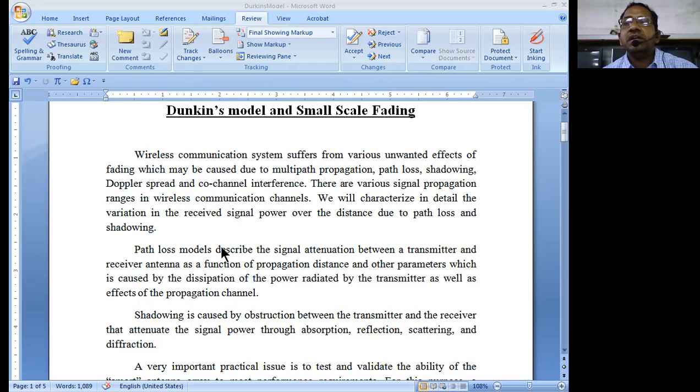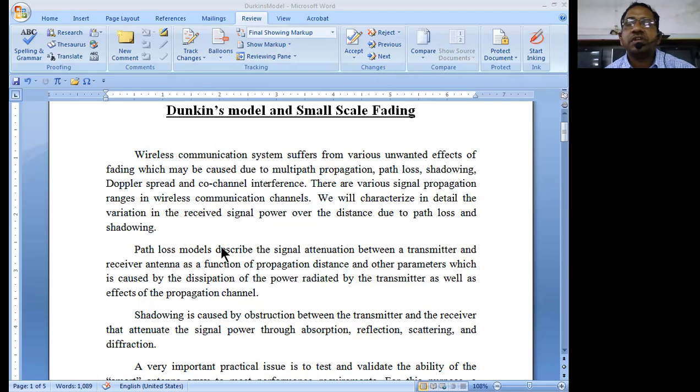Here basically a transmitting antenna will be one, receiving antenna will be one. After the transmitting antenna radiates an EM wave, this EM wave is going to experience many other paths due to multi-path propagation. In between the transmitter and receiver, if you imagine, we'll be having so many obstacles.